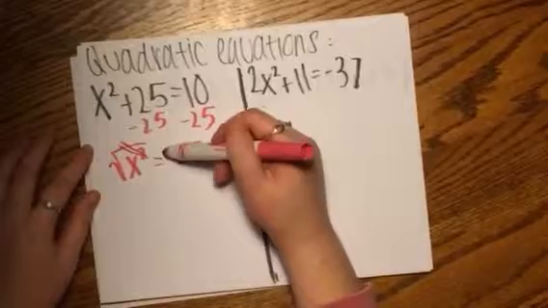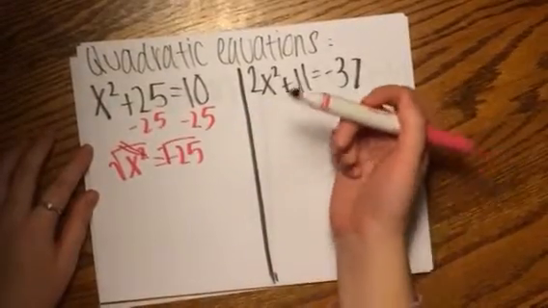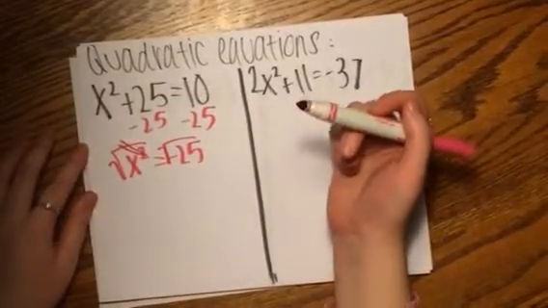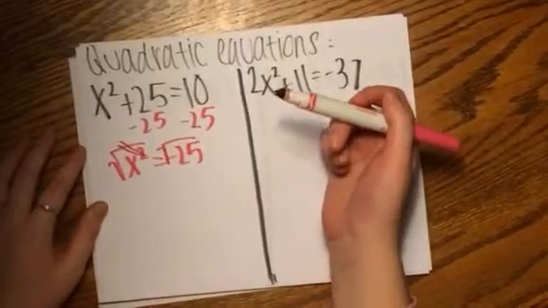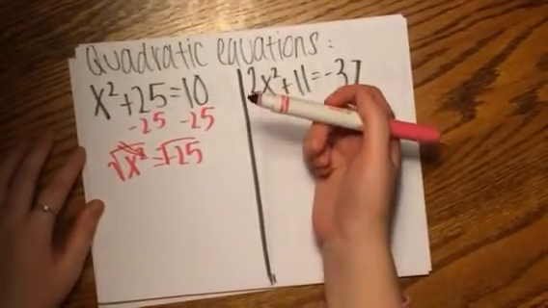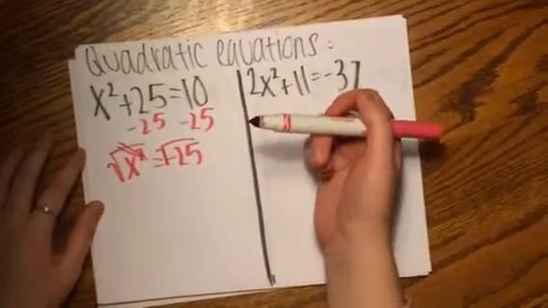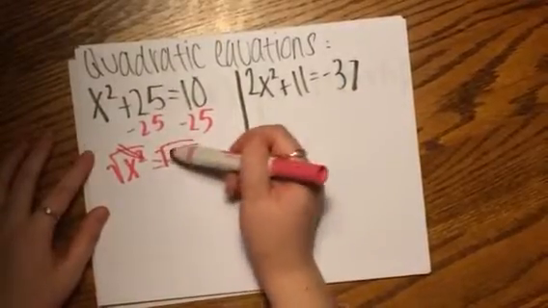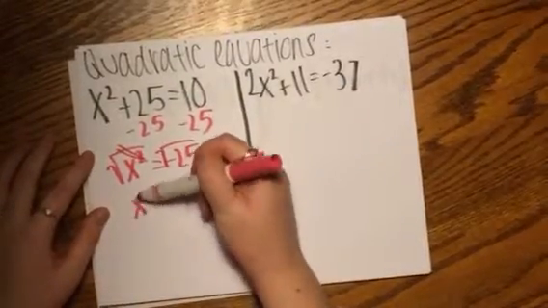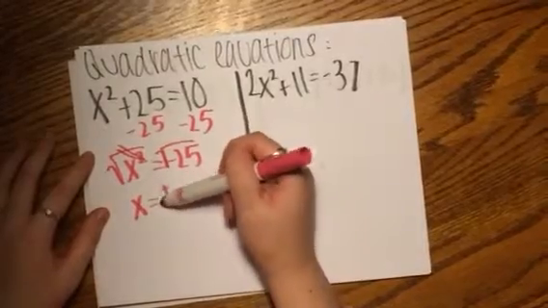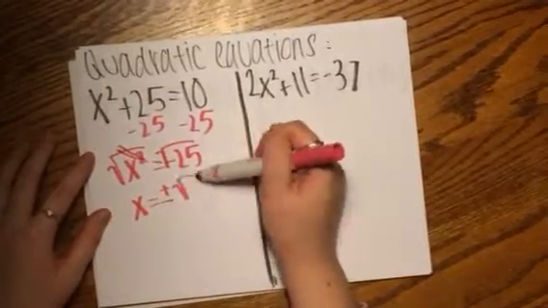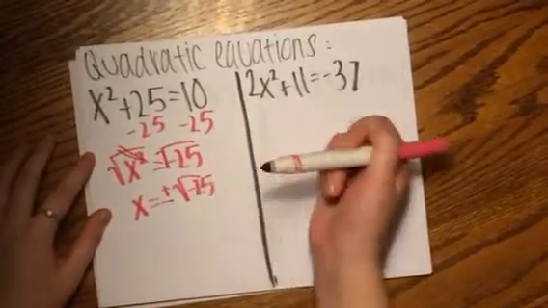So since we did it to this side, we have to do it to this side. But when solving for a variable and you take the square root of both sides, you must have plus or minus. Which means, since we took the square root of it, x is equal to plus or minus the square root of negative 25.